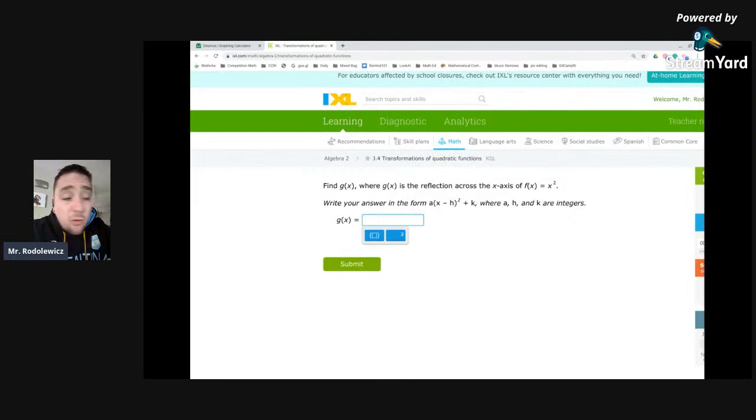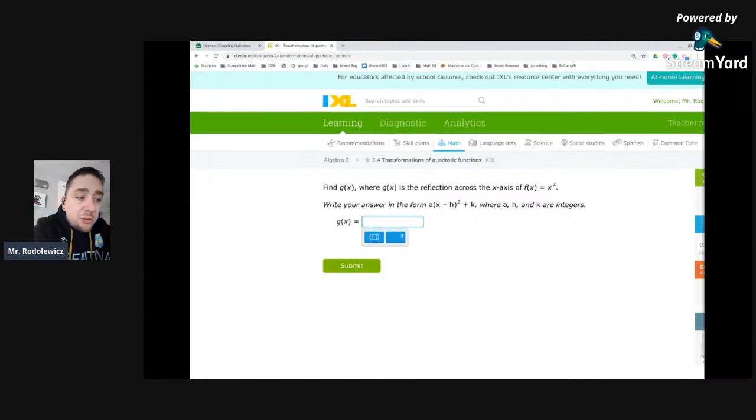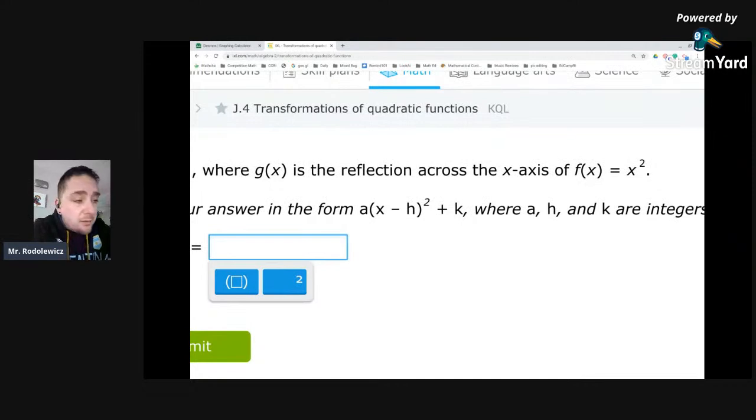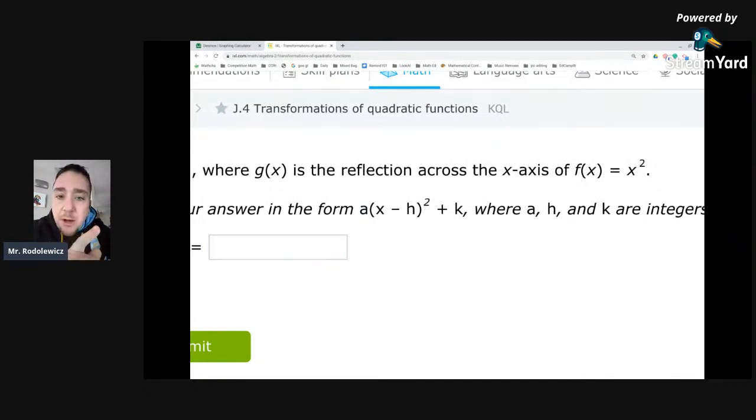Oh, a reflection over the x-axis. I forgot to go over that. Here's a hint. You're watching the video now. You just multiply. Which one of these is a multiplier? A. A is a multiplier. Aha. So a reflection over the x-axis, you're going to multiply by -1. I forgot to add that in the exploration on Desmos, but I'll do that for tomorrow.